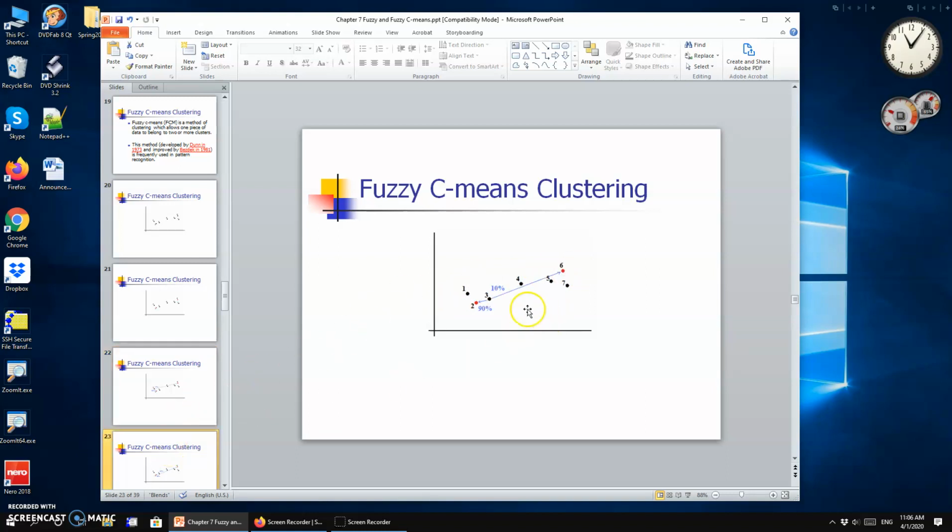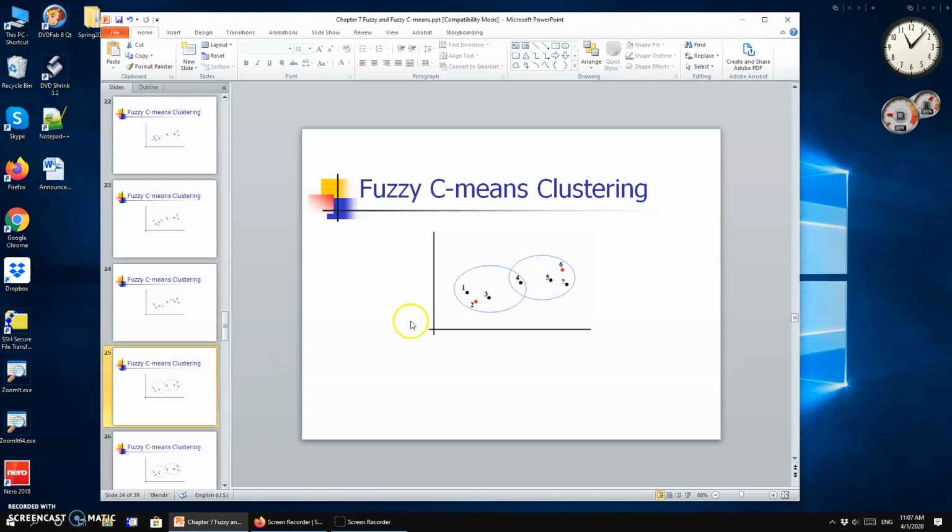And you can see node 3 is 90% closer to node 2, with 10% going to the other side. When we look into node 4, you can see that because it's slightly closer to node 6, it will have 55% belongingness versus 45% to the left cluster.